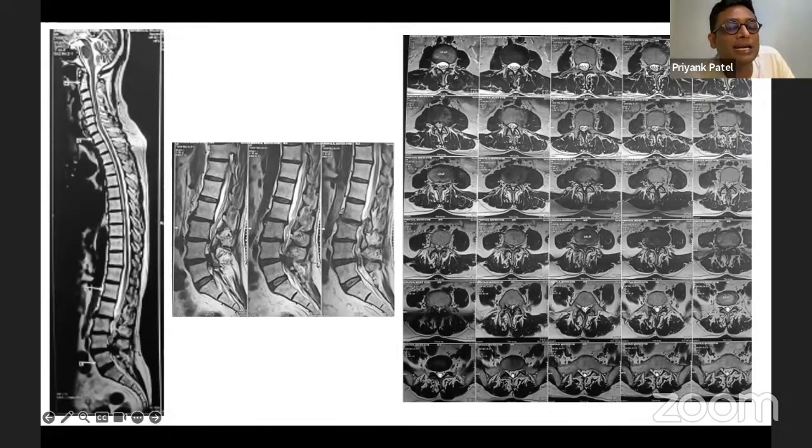The other part is attached to the L5. And if you don't want to decompress L5S1, you don't touch the L5 lamina, because the L5S1 ligamentum flavum you don't want to disturb. So here you have to make a dome of your L5. So your L5 level is completely decompressed.